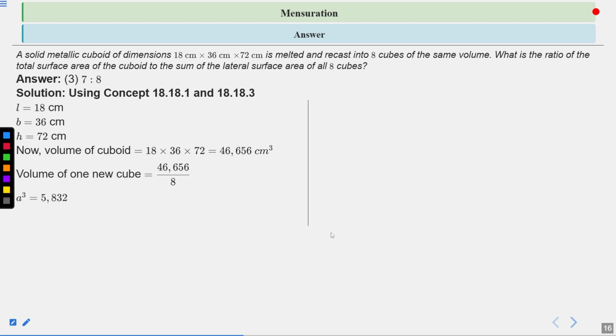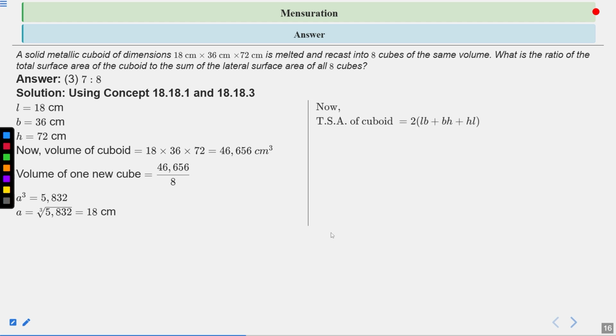So 46,656 divided by 8, so a cubed will become 5,832 cubic centimeters. Simplifying it, we get the value of a, which equals the cube root of 5,832. So we get the value of a, which is 18 centimeters.